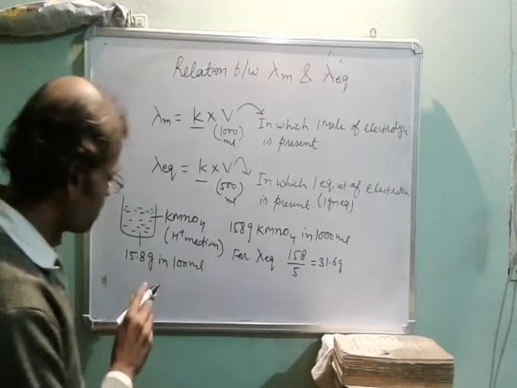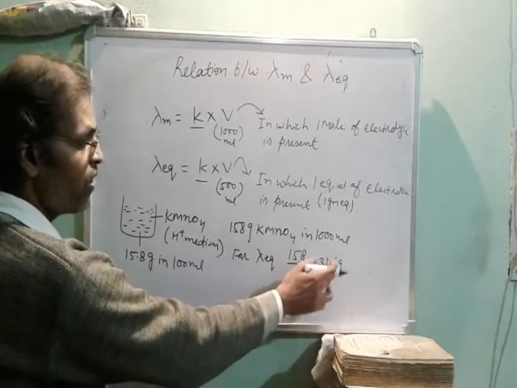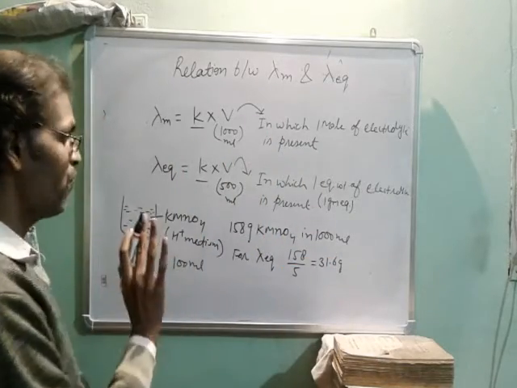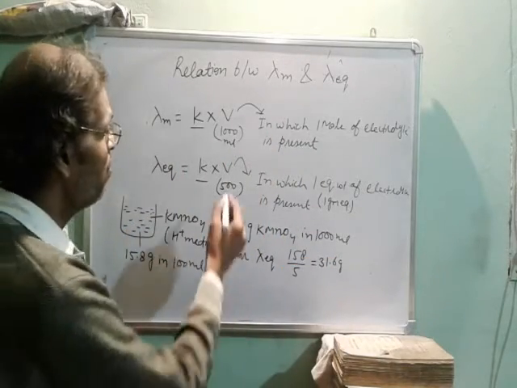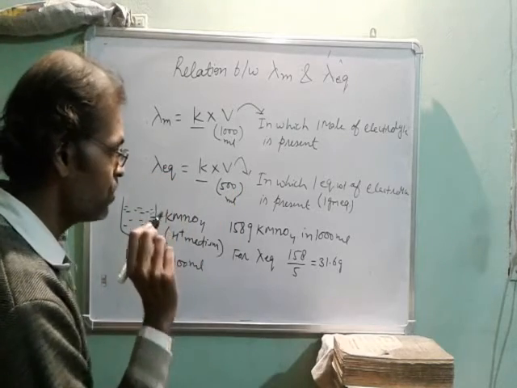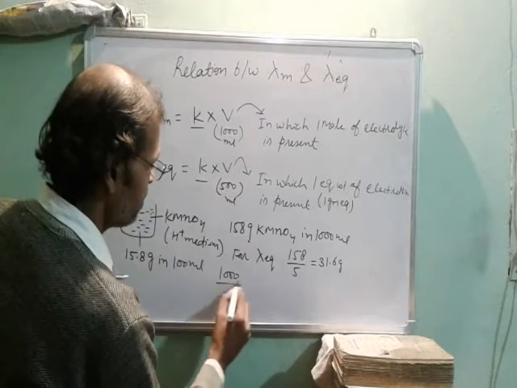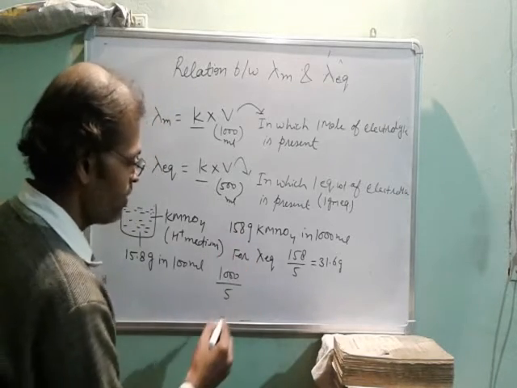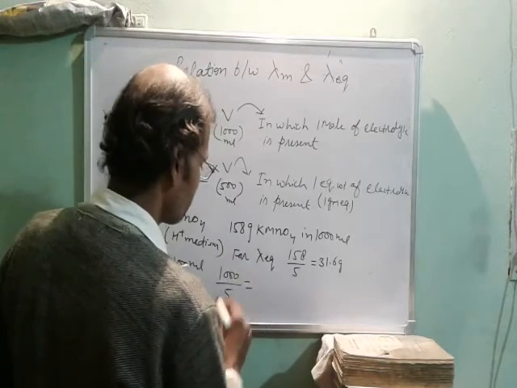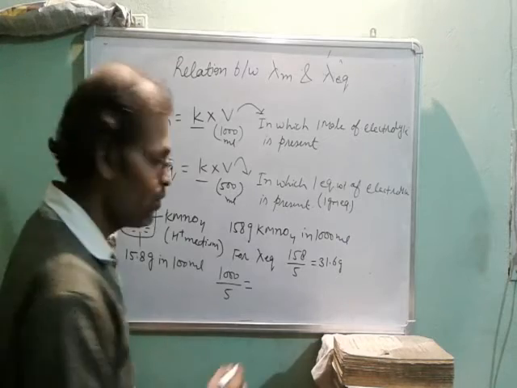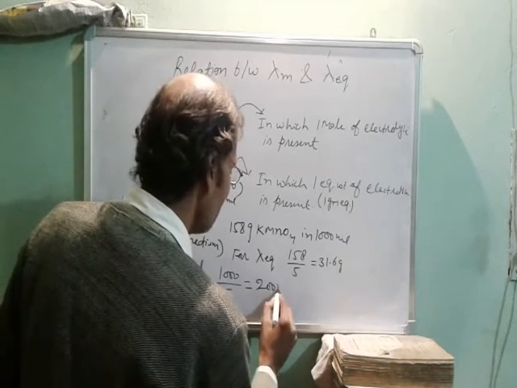The volume that contains 31.6 gram of KMnO4 will be the value of V for this solution, and we can see that 1000 by 5 is equal to 200 ml.